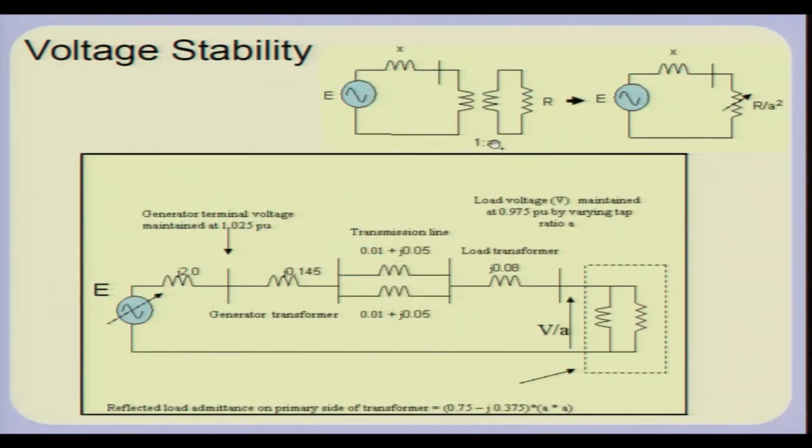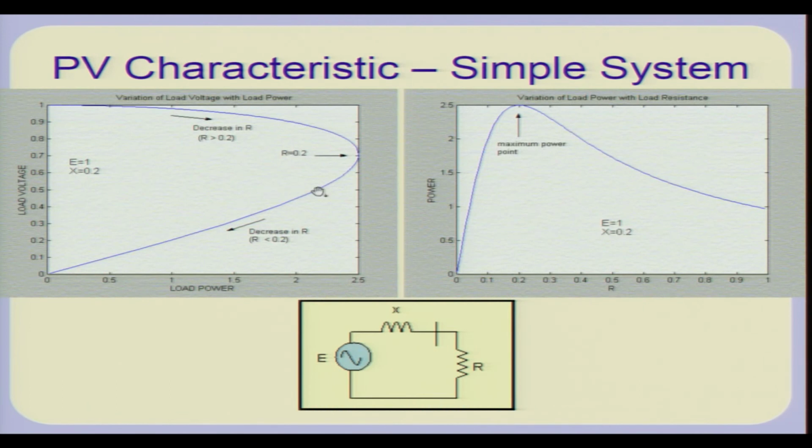In such a situation, r by a square may become equal to x, or may become smaller than x, and any tap changer which tries to increase the voltage by increasing A may actually do exactly the opposite thing of what you intend. Because you could now be in this region.